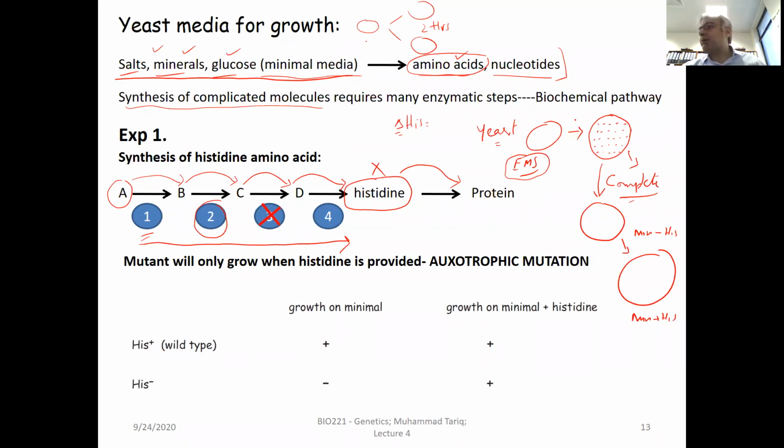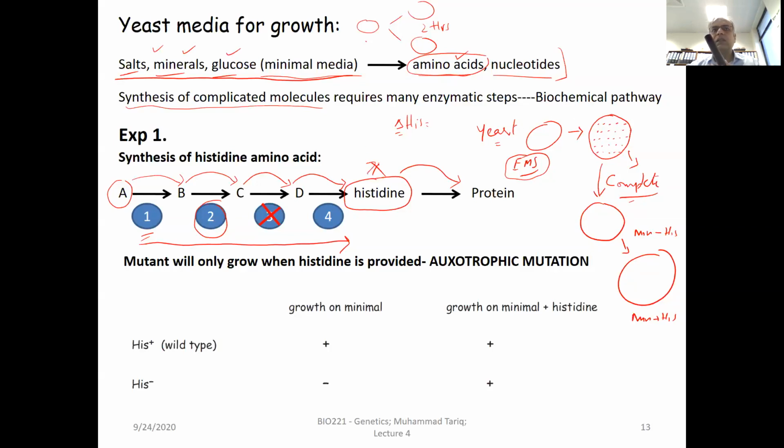Now what is going to happen? We are going to take a stem, like let's say this is a stem. We put a velveteen cloth on this, and this is a plate in which you also grow bacteria in BIO100. You come with the velveteen cloth with the stem, you put it on this plate, and that plate is which one?